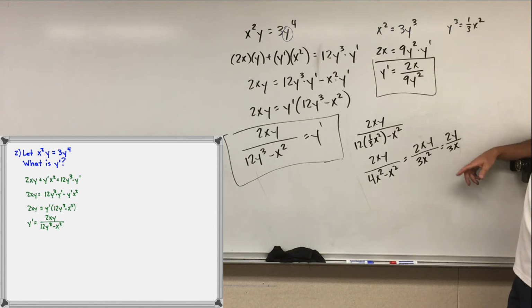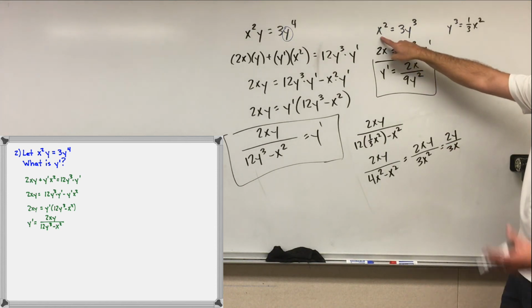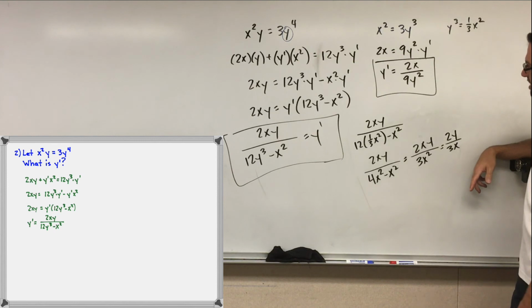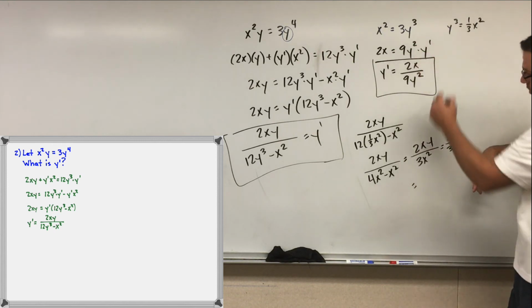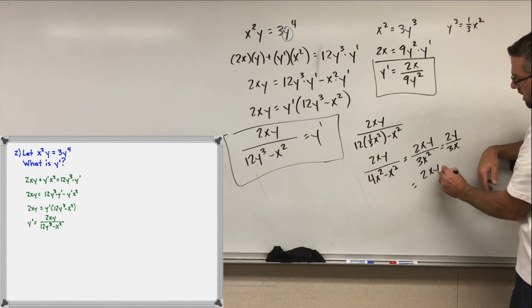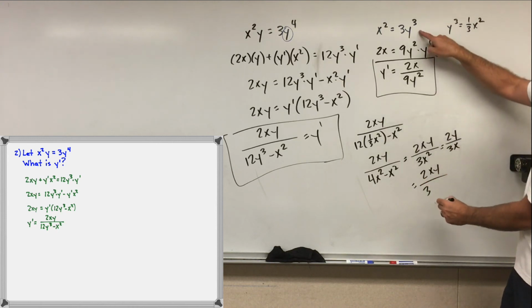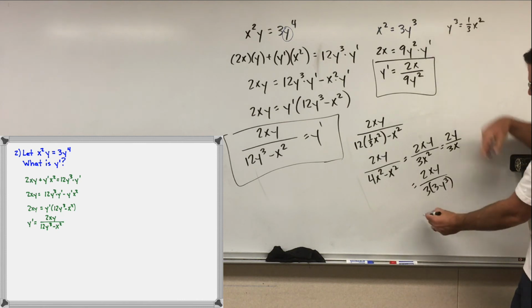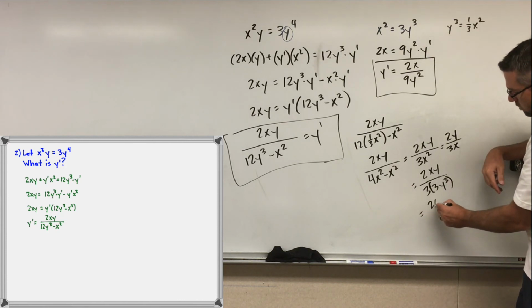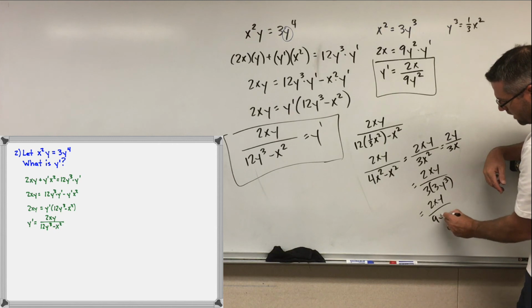Well, looking at what x squared is here, there's lots of different ways to approach this. We can replace this x squared with that x squared. So we end up with 2xy over 3 times 3y cubed. And then that would simplify to 2xy over 9y cubed.